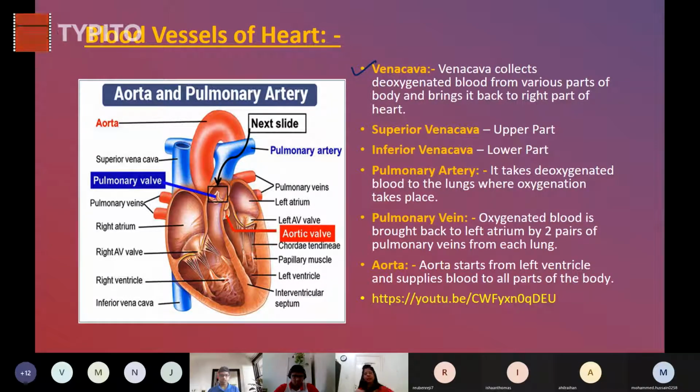Then it comes to the heart by a blood vessel called vena cava. So vena cava collects deoxygenated blood, meaning carbon dioxide rich blood, from various parts of the body to the right part of the heart.